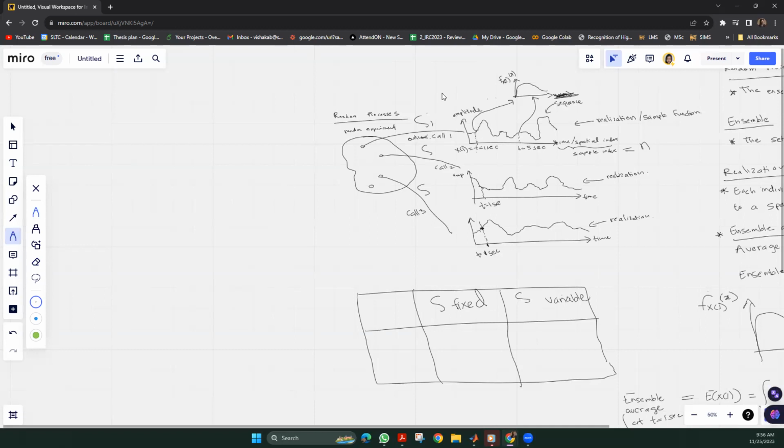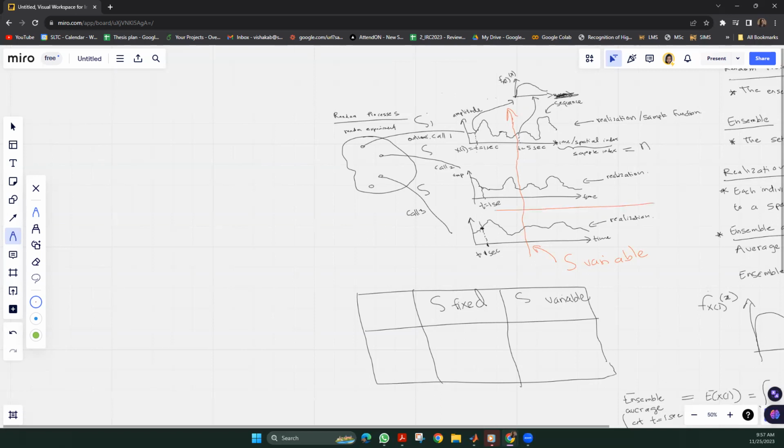If we consider the values of all these plots along the y-axis direction, theta is varying. If theta is fixed, then we are considering only a specific outcome.